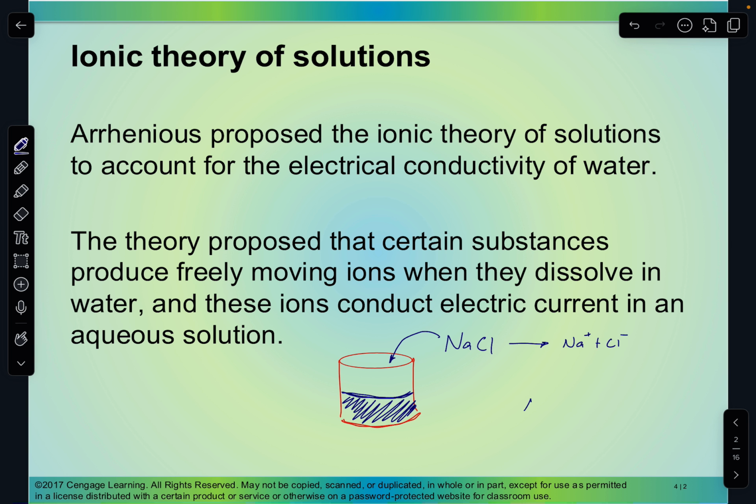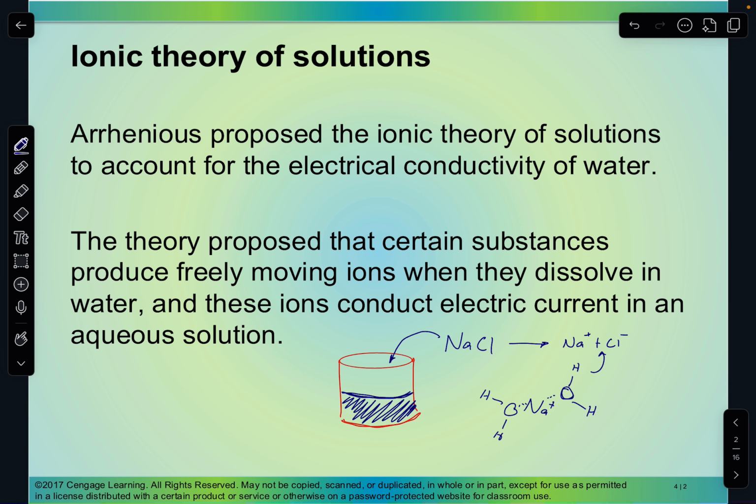And so in solution, you have Na plus, and it's surrounded by water molecules, and they're going to be making really weak bonds to the sodium, but they're going to be stronger than the bonds between sodium and chlorine.